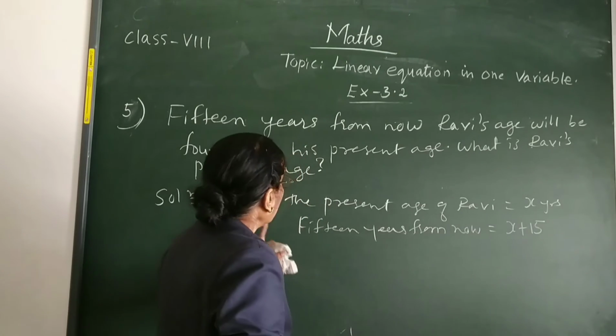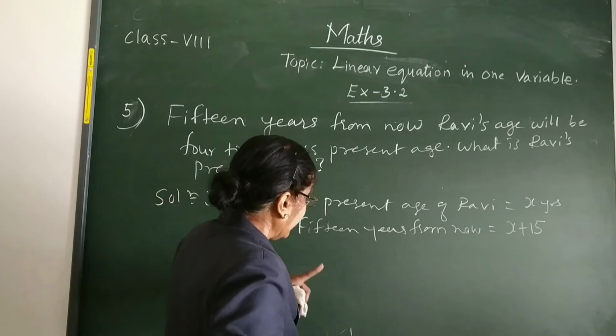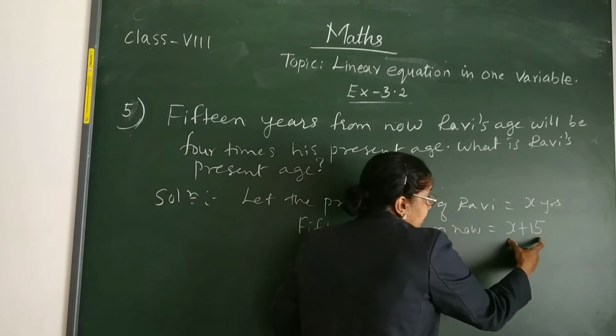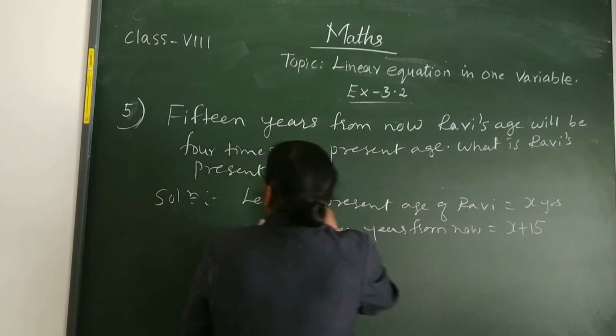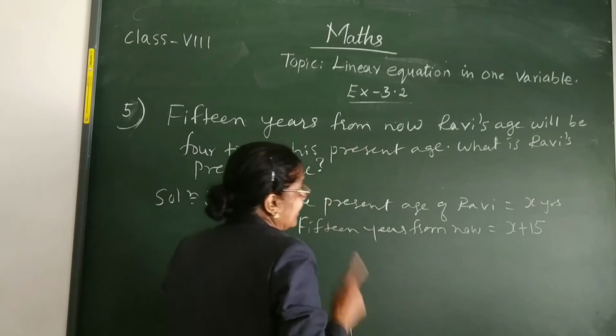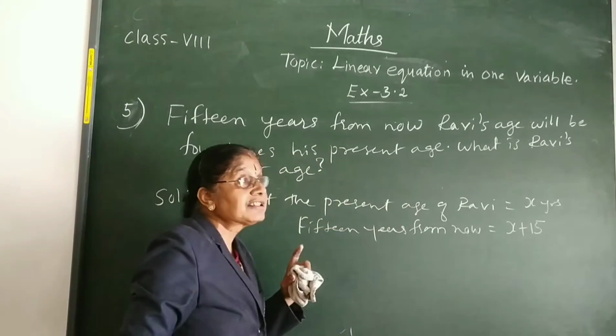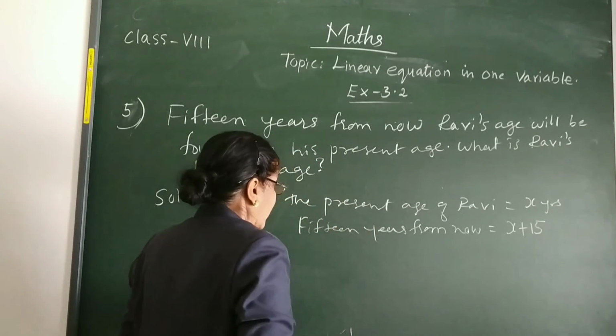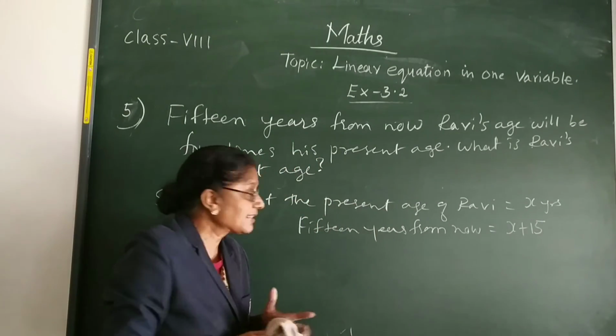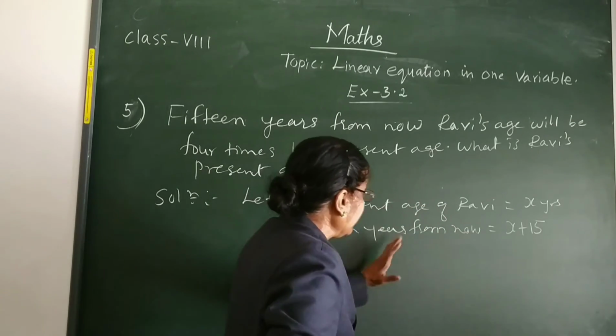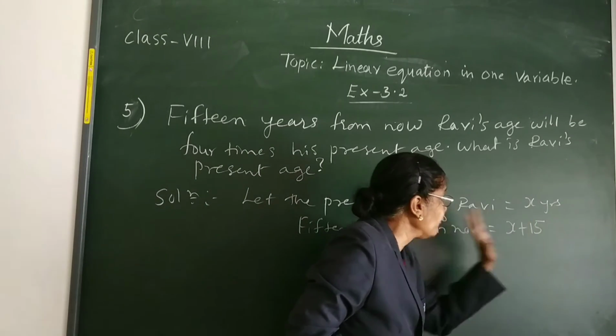15 years. Okay. What he says, he is comparing. Whatever the age after 15 years it will be, it will be 4 times his present age. It will be 4 times the present age. Means what we have to do? X is the present age and 15 years from now it will be x plus 15.